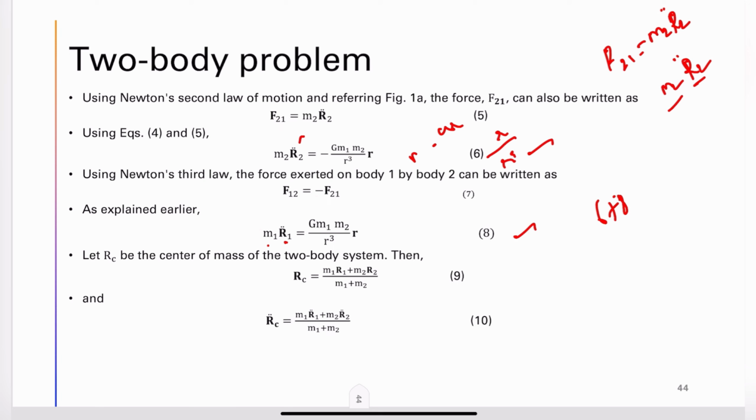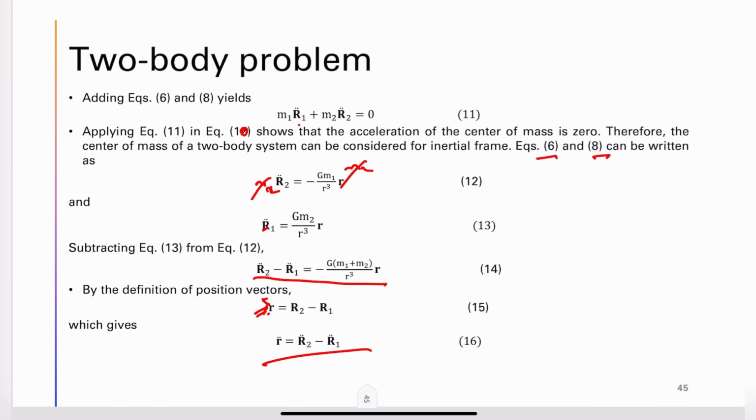All we have is that m1 r1 double dot, that is, mass 1 into acceleration of mass 1, plus mass 2 into acceleration of mass 2 is equal to 0. When I add these two, I have that as 0. Okay, so this shows that the acceleration of the center of mass is 0.